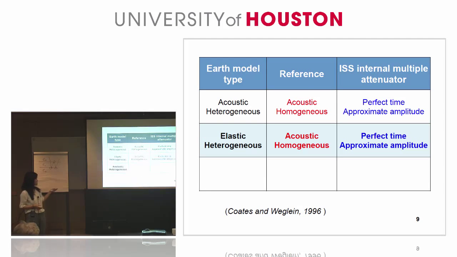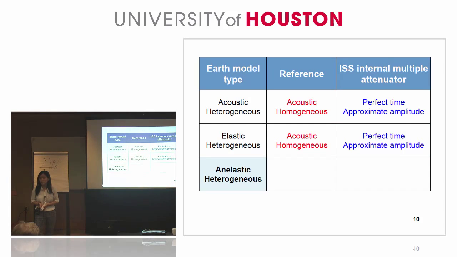Okay, so now what about the inelastic heterogeneous medium? In this world, you will have your propagating wave with absorption, and the velocity is dispersive. And what will happen for this internal multiple attenuator? There is a general proof from the 2003 paper that the internal multiple attenuation algorithm is model type independent.